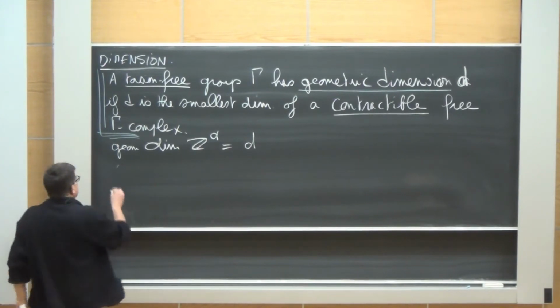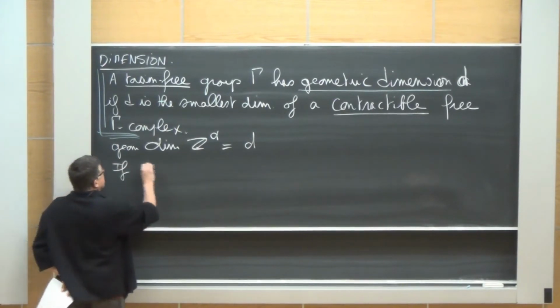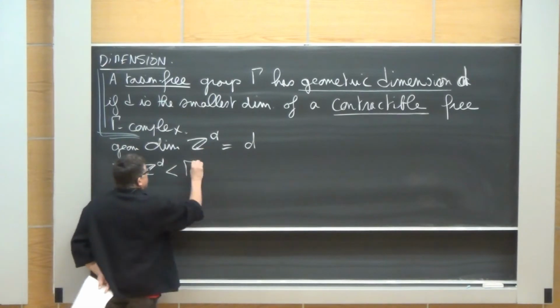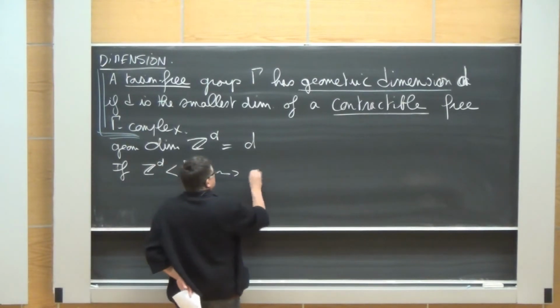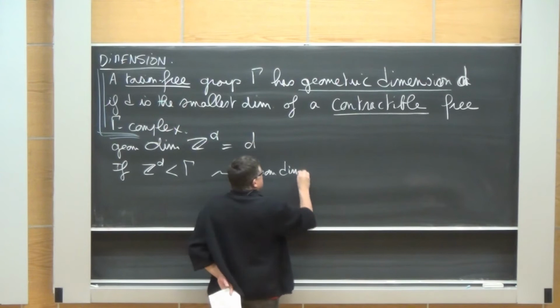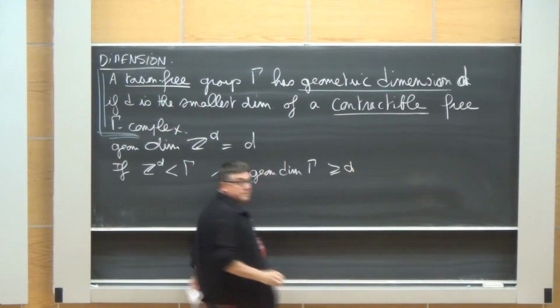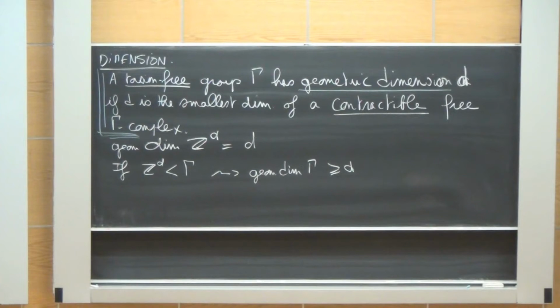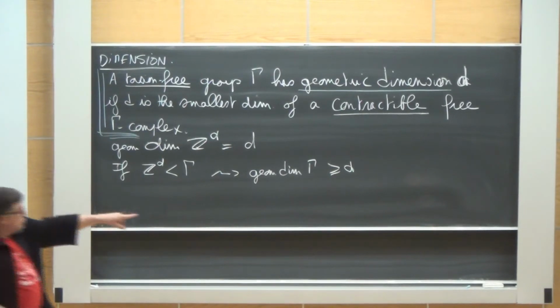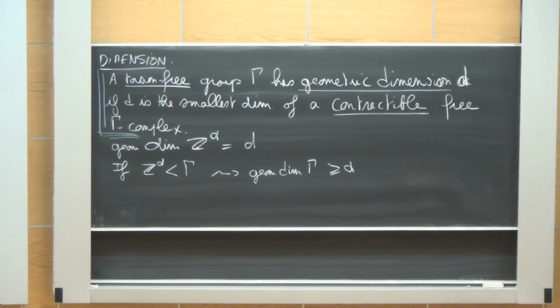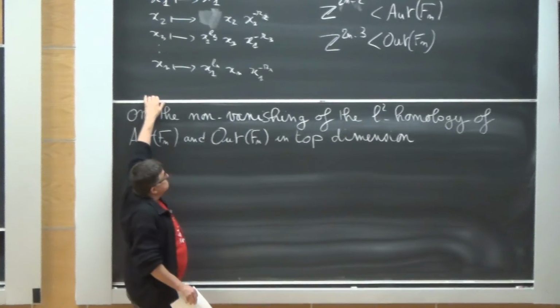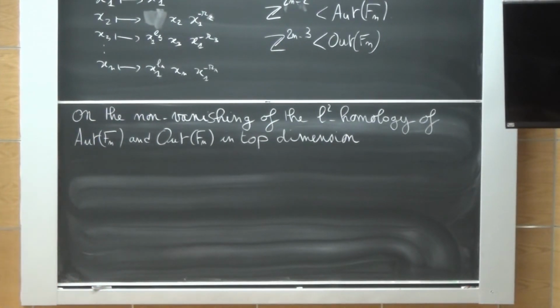So for instance, if your group gamma contains Z to the D, its geometric dimension is at least D. So the dimension of Out(F_n) is at least 2n minus 3.